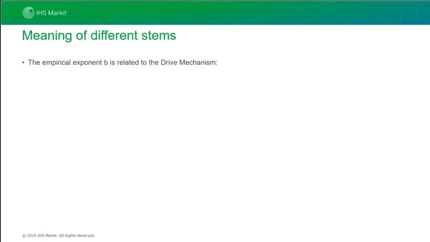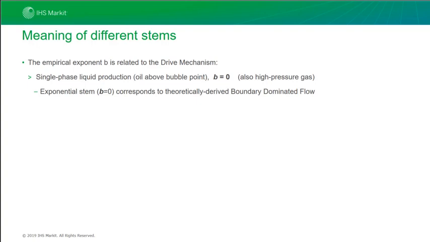So what's the meaning of these different b values? The exponent b is related to the drive mechanism. The b values here are approximate and are subject to change. So with single-phase liquid production with oil above the bubble point, this will occur when b is equal to 0 and will give us an exponential decline.